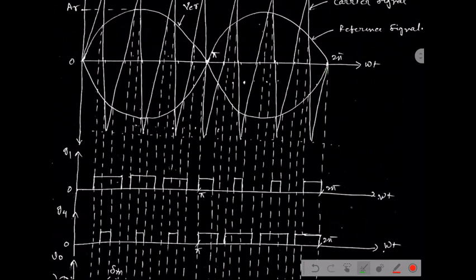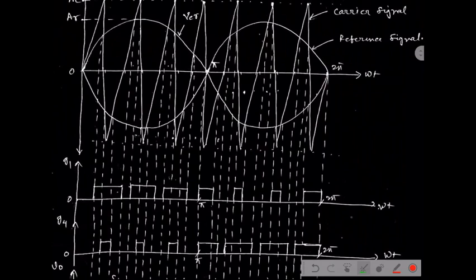Now consider this waveform. It is very clear to us in the first case, where we have taken this forward signal first. This sine signal first, and first I am going to find out where it coincides with the carrier signal, that is this point, again these two points, and these two points.